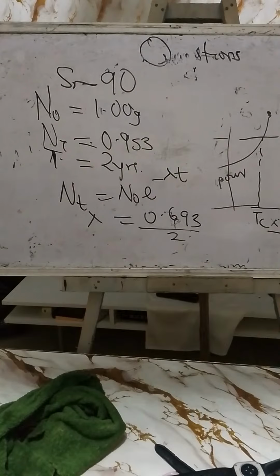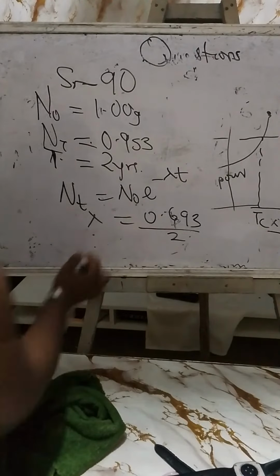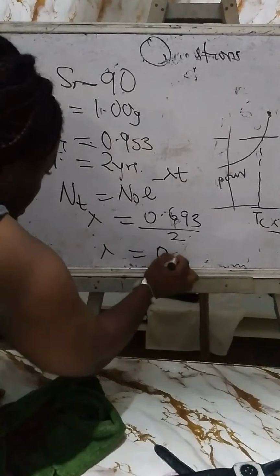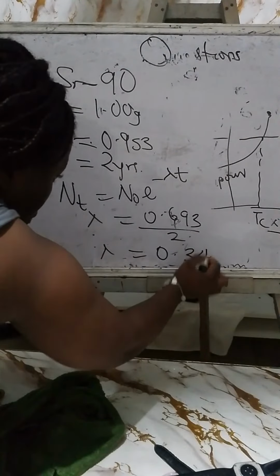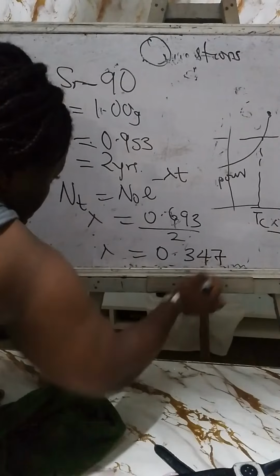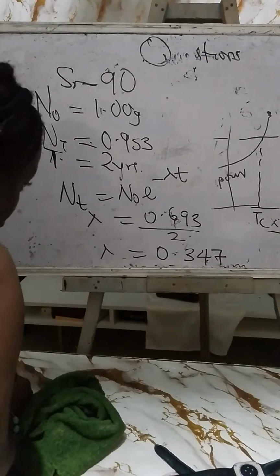So your decay constant is equal to 0.347. That is your decay constant.